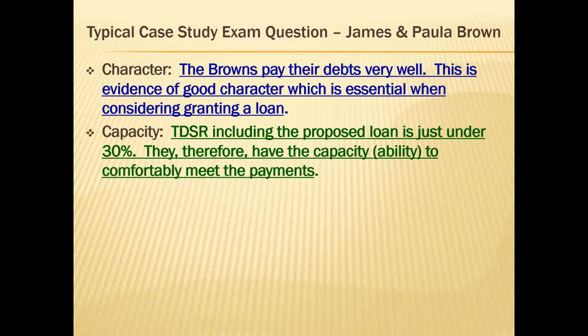What about collateral or insurance? Remember that the LPV was just under 33%. What does that tell us?